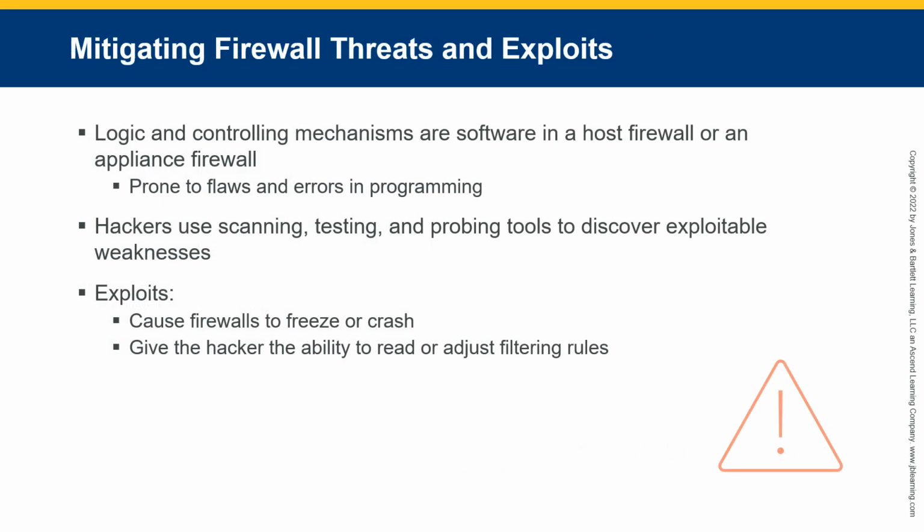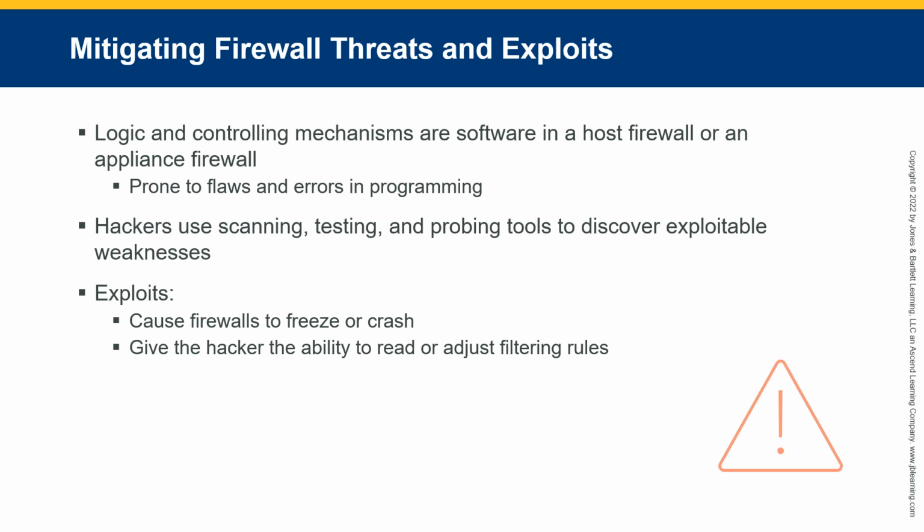All right, so mitigating firewall threats and exploits. What we have are the logic controlling mechanisms in software or host firewall appliance. Remember, all of these can have bugs in them. Bugs can be exploited. Bugs can be used to gain unauthorized access to systems.